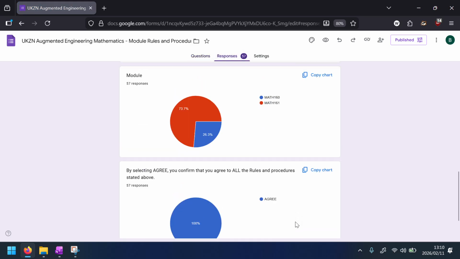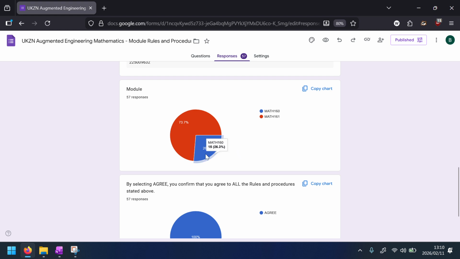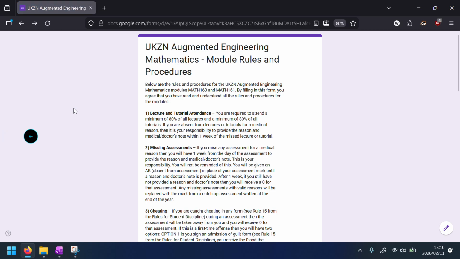Here's the MATH160, 15 out of roughly 100 of you. So these 15 will be getting their marks next week. The rest will not be getting their marks next week until this is filled in. Is everyone clear on that? Please make sure you do that as soon as possible.